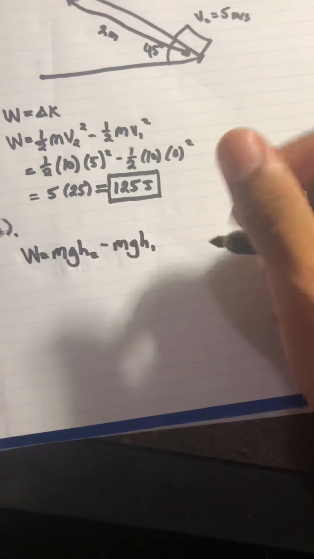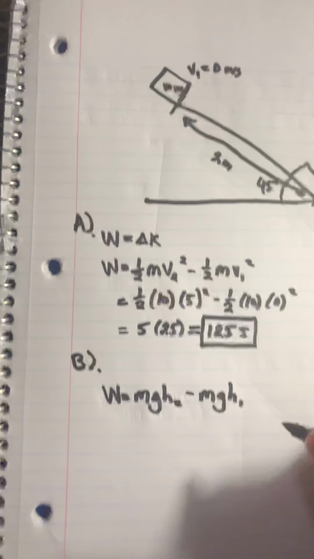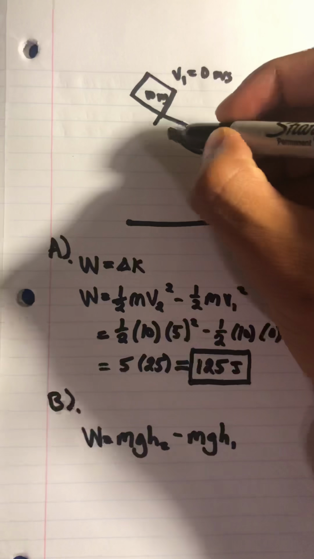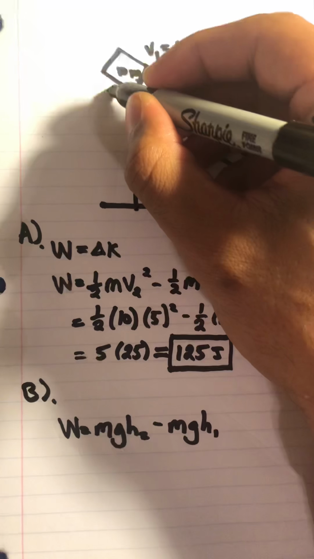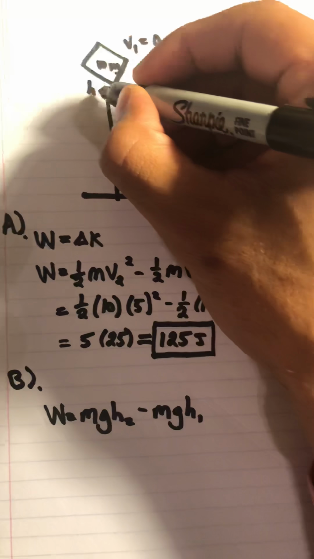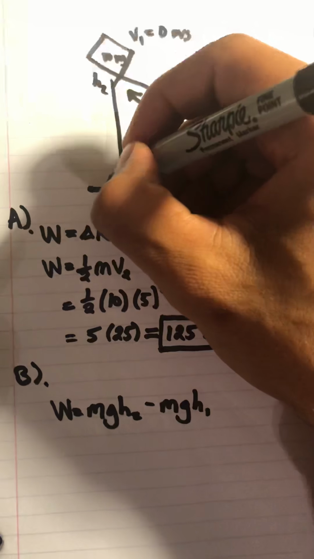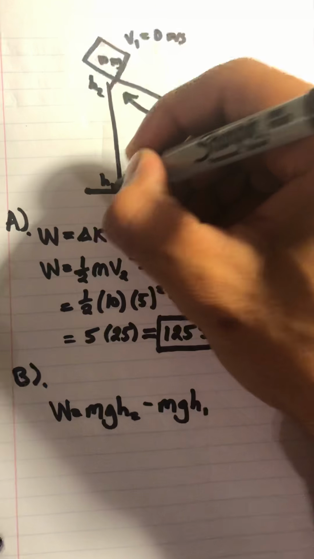And we don't know the height yet, so let's make this height 2, and this height 1.